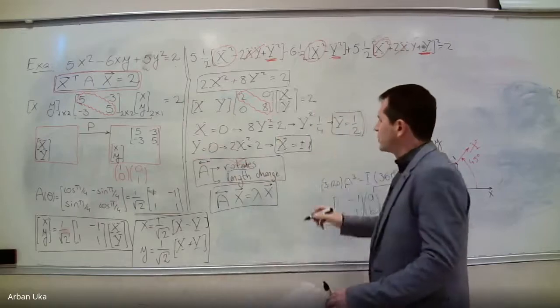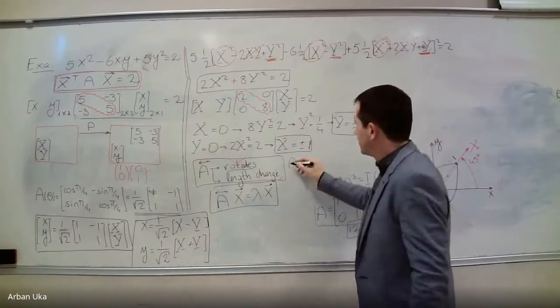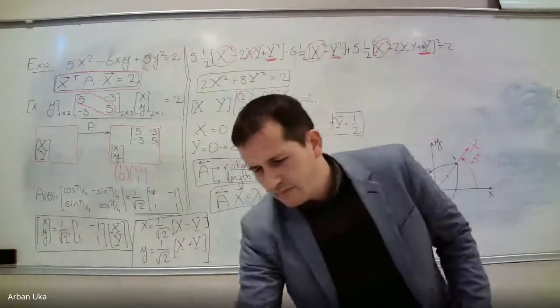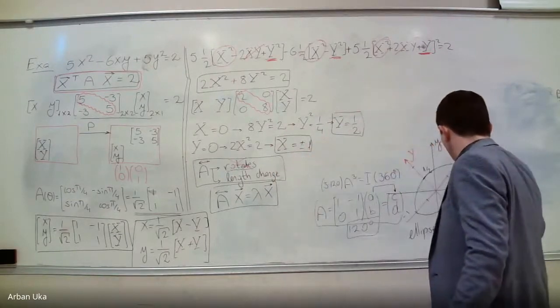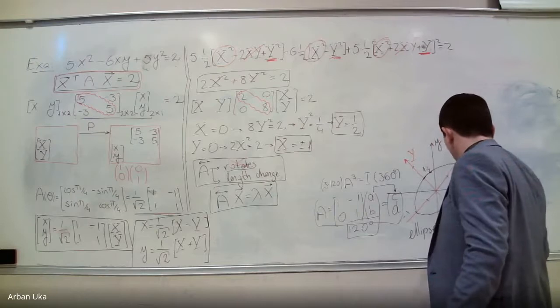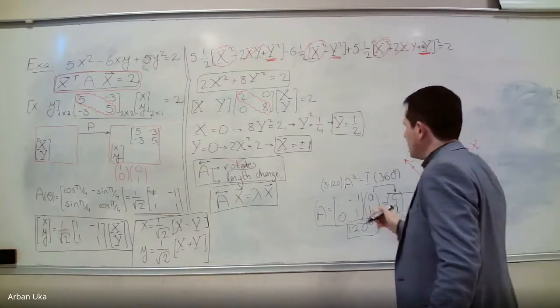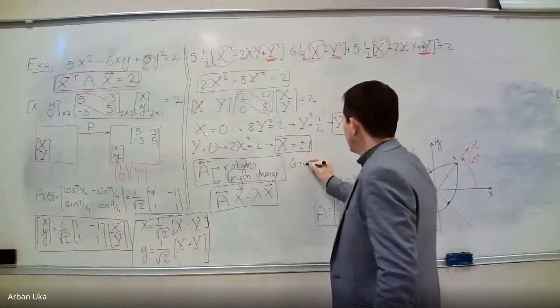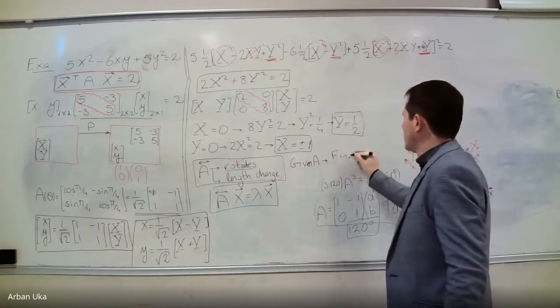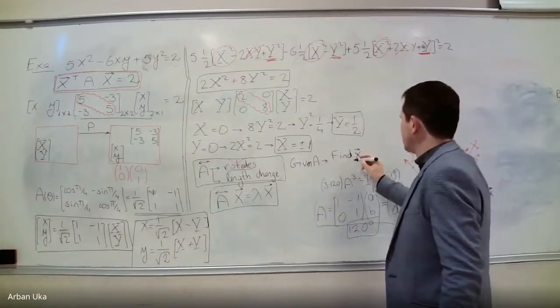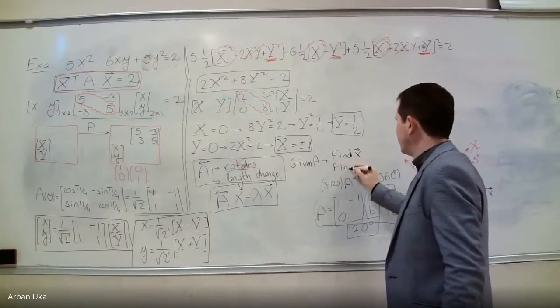Now we are reformulating the question. The reformulation of the question is the following. Given A, find x and find lambda.